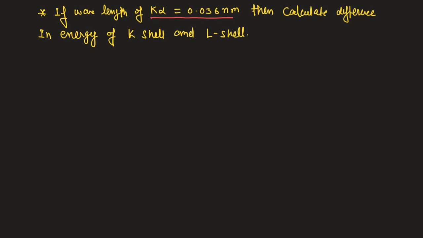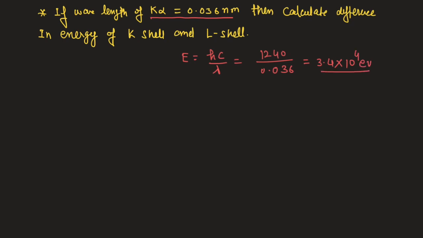It means, how can we calculate the energy, not the wavelength? Energy is equal to hc by lambda. If I put in all the values of hc and lambda, finally we get 1240 divided by 0.036, and if I calculate this I will get 3.4 into 10 raised to 4 electron volt.